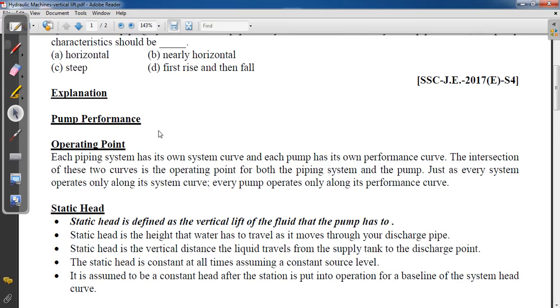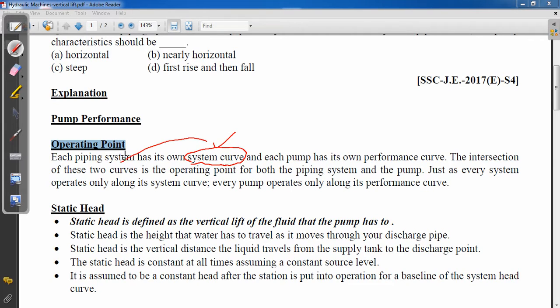When we study pump performance in hydraulic machines, a point will come that is known as the operating point. When a pump is operating, there is a piping system between the supply tank and the discharge tank. The piping system has its own system curve. First is the system curve.